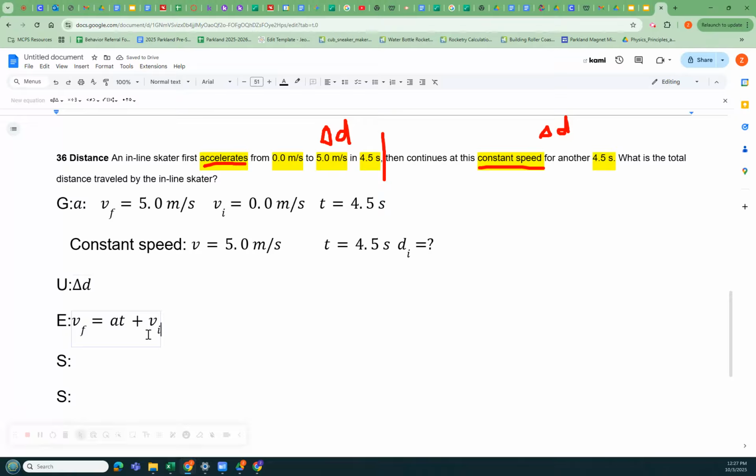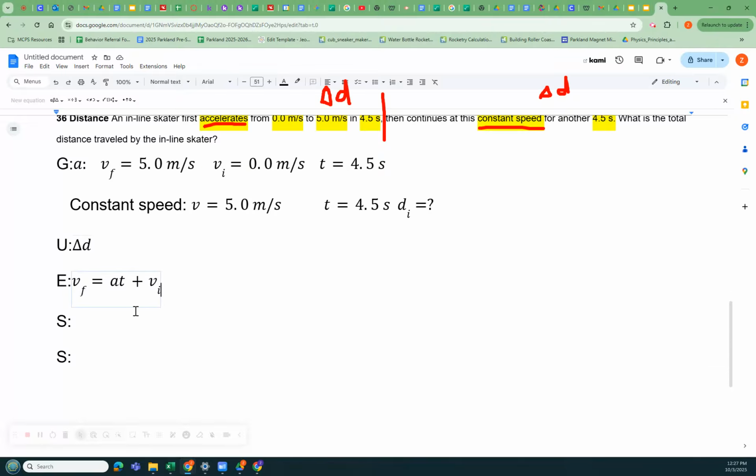And if we just rearrange this one a little bit, we can get acceleration. So if we want to get acceleration, we will move vi to the other side of the equation by subtracting it. Because it's being added, we will subtract it.